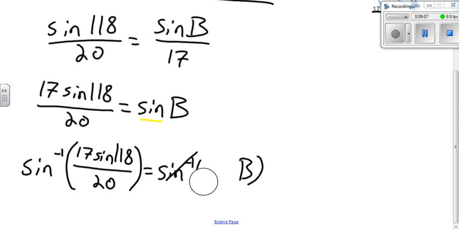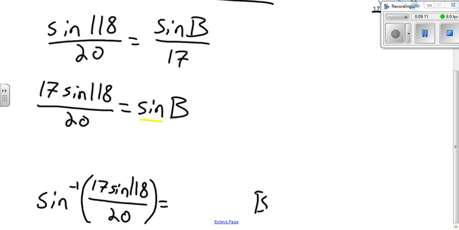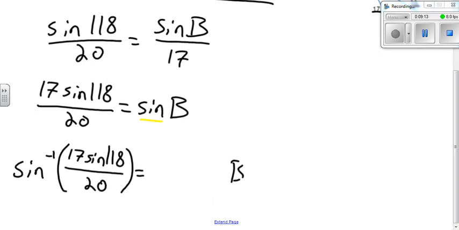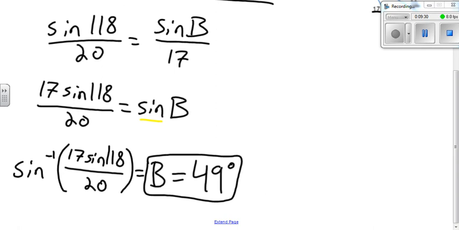So basically, we are now just left with b. So b equals that. We need to punch that into the calculator then, which will determine, rounded to the nearest degree, that we have 49 degrees as b.